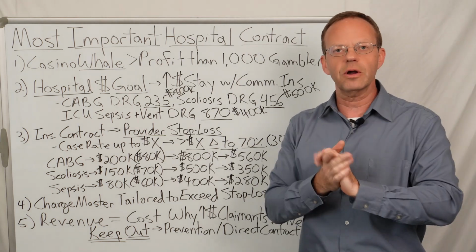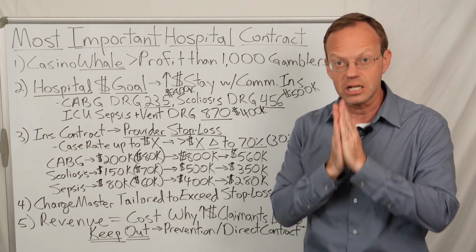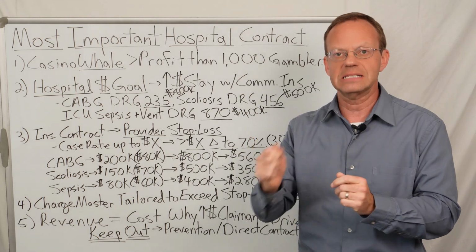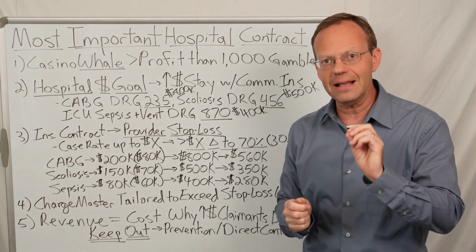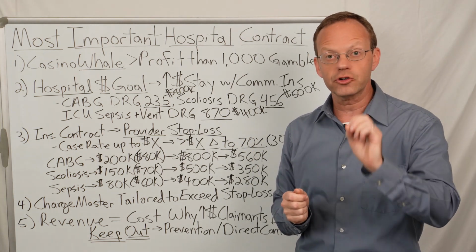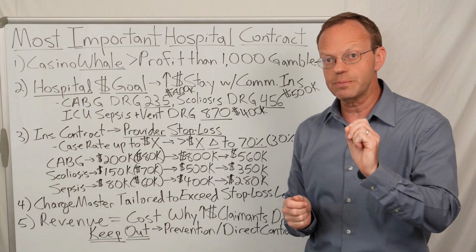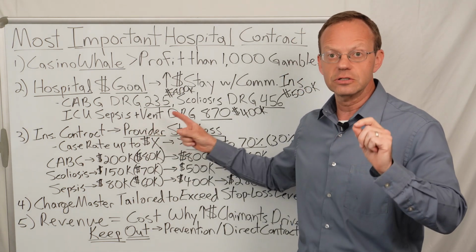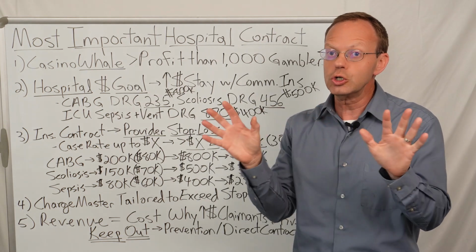So this is where the hospital insurance contract comes into play. It's not just a patient that has high billed charges, it's the fact that for their commercial insurance network, the hospital has negotiated what is referred to as a provider stop loss. And this is hugely important.